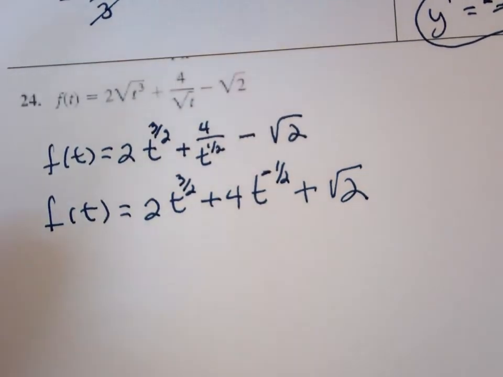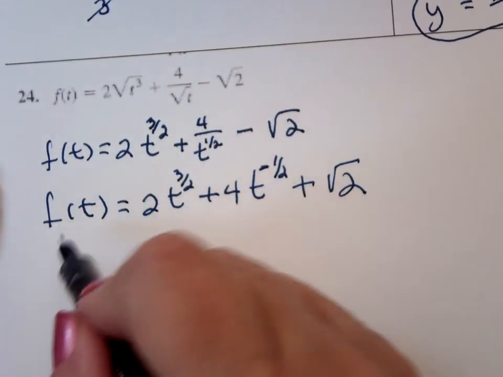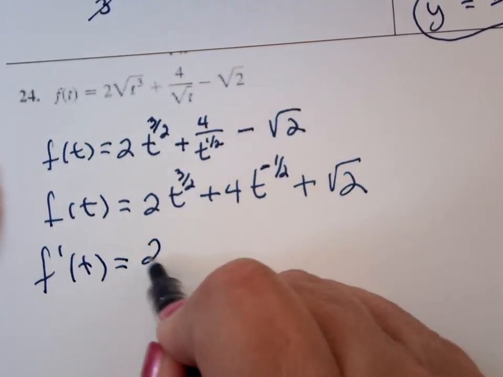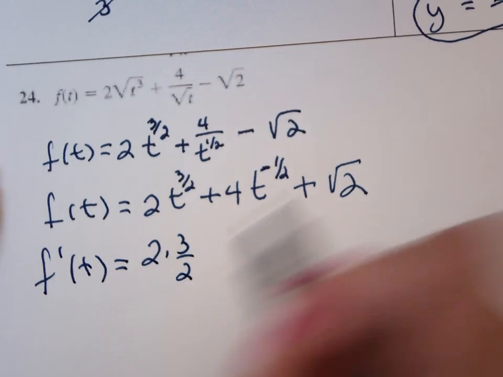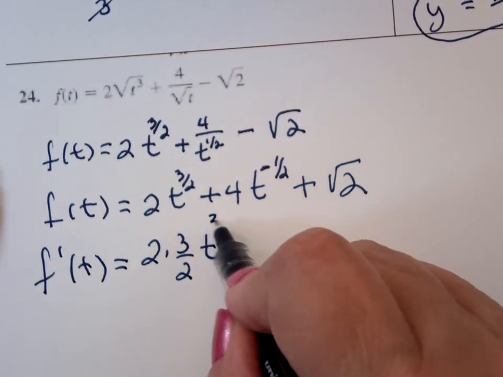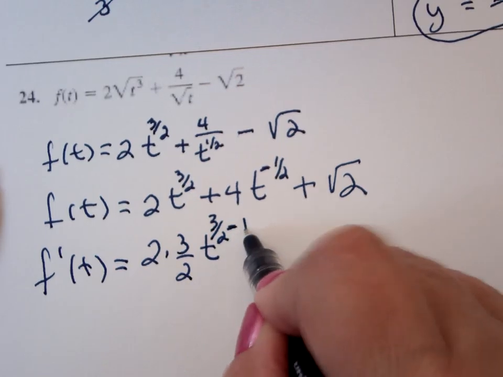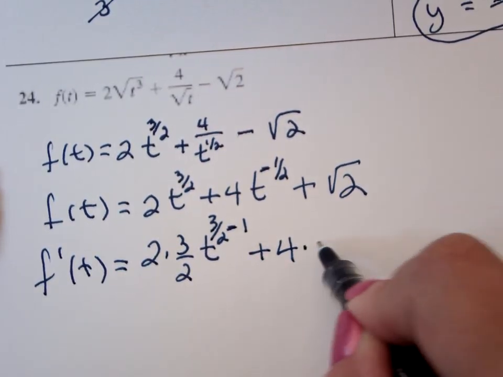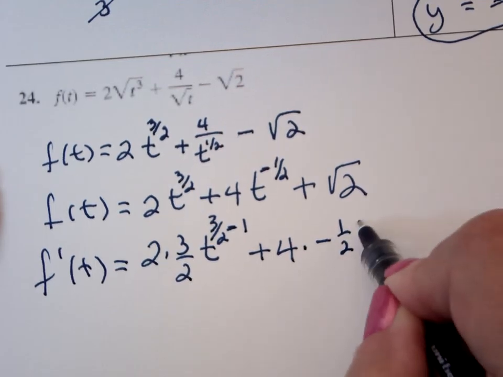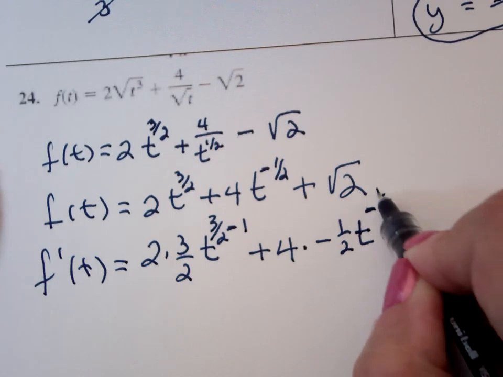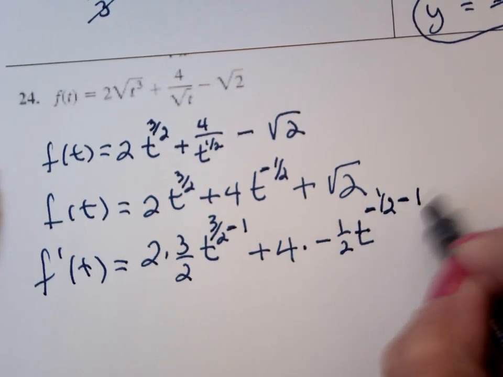And now we play our game, right? f prime of t equals 2 times 3/2 t to the what? 3/2 minus 1, plus 4 times negative 1/2 t to the negative 1/2 minus 1.